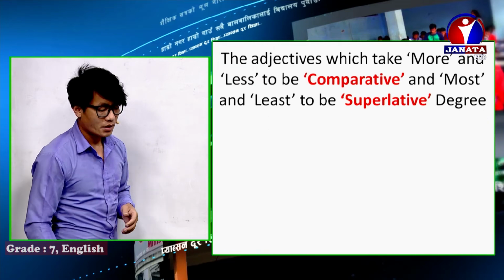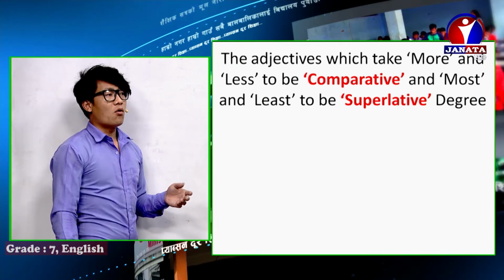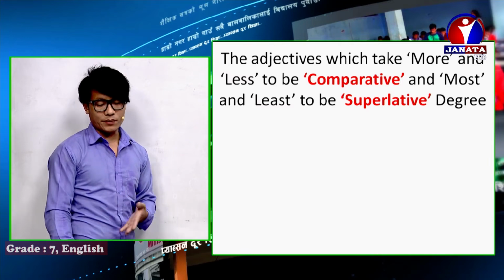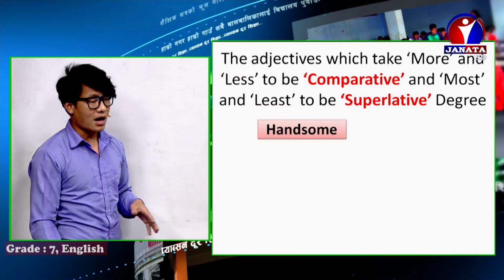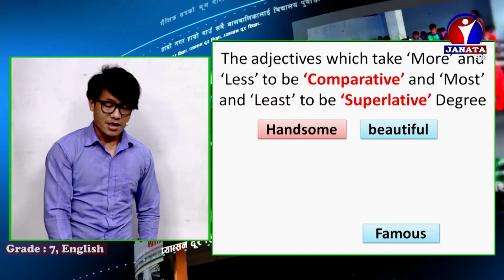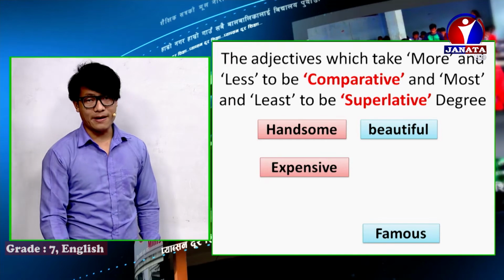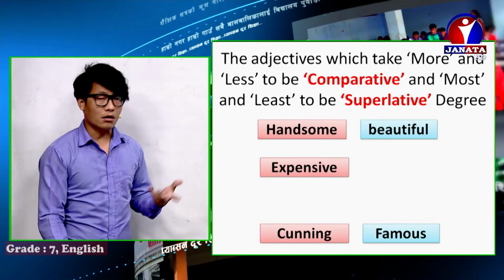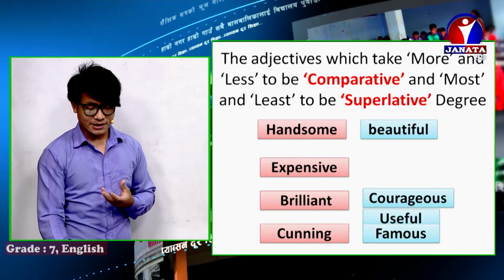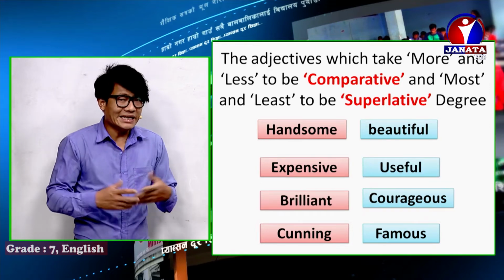The adjectives which take more and less to be comparative and most and least to be superlative degree are these words: handsome, beautiful, famous, expensive, cunning, courageous, brilliant, useful, intelligent.